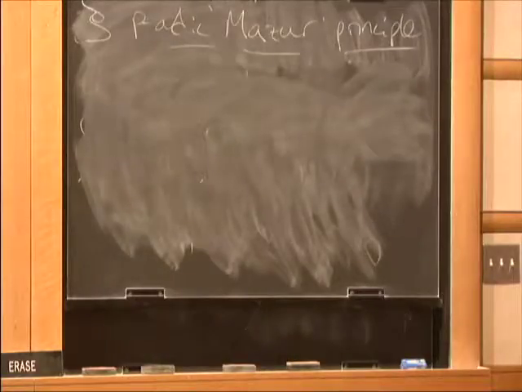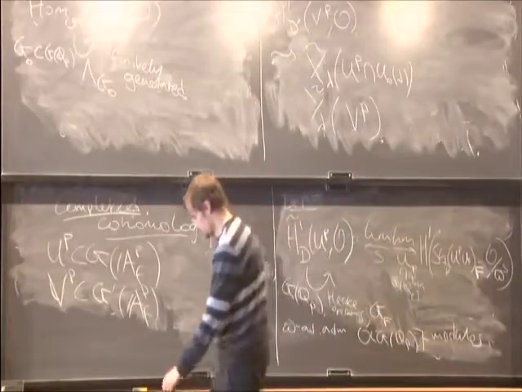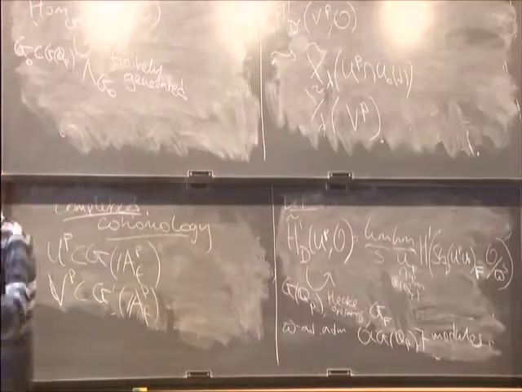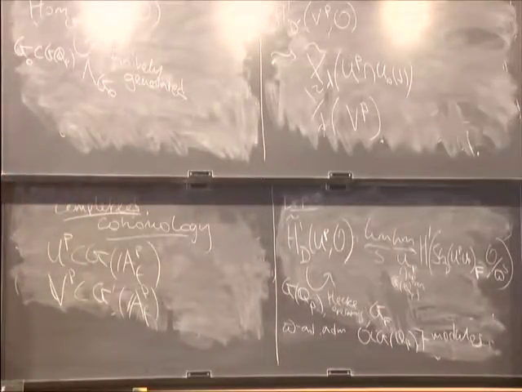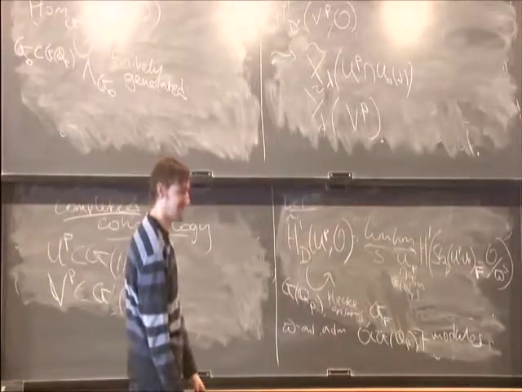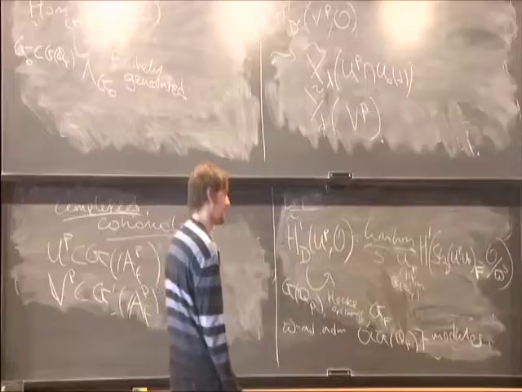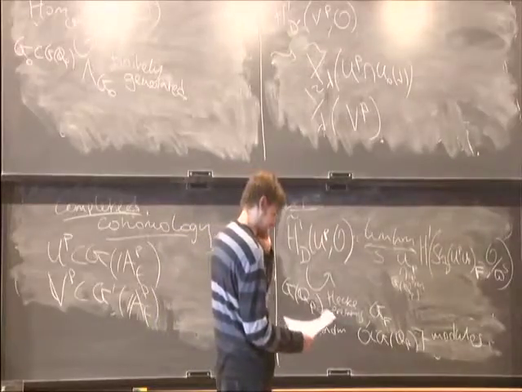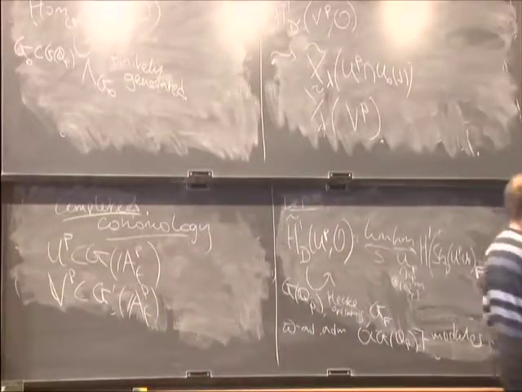There's Hecke actions, and there's an unramified Galois action at the place lambda. Is it the limit of the finite X's, or something worse than that? No, you take this direct limit of the finite X's and then p-adically complete them. Okay.